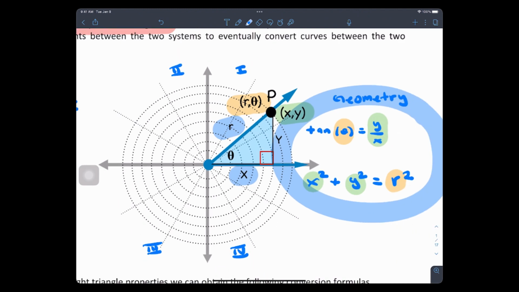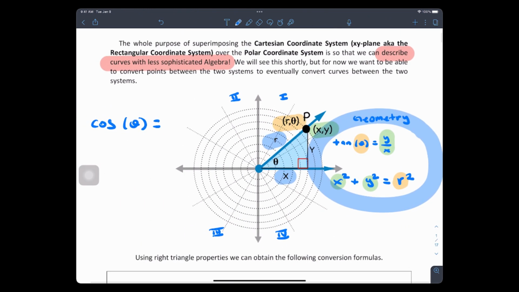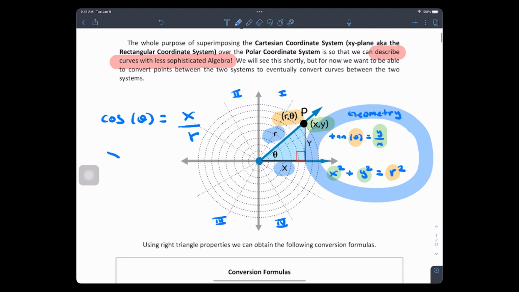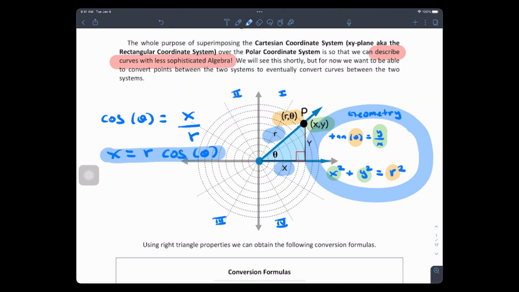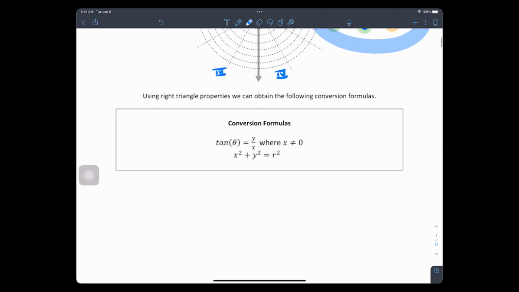R. So there's more to this conversion. This is X over R. So if you solve for X, we get what? X is R cosine of theta here. That's what we're going to use. X is R cosine theta.